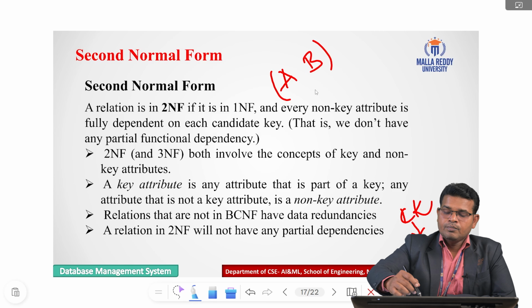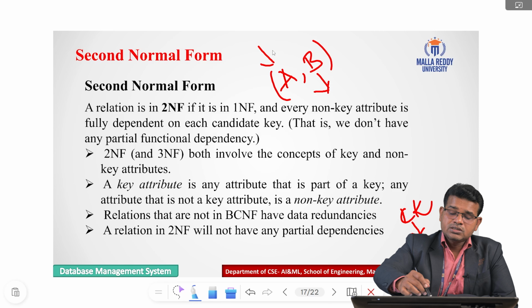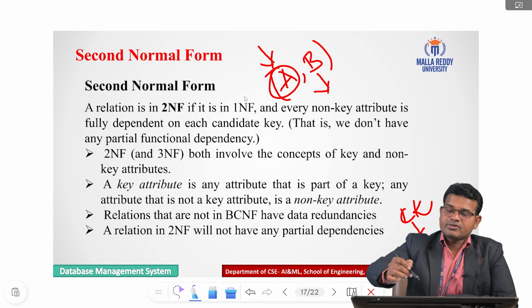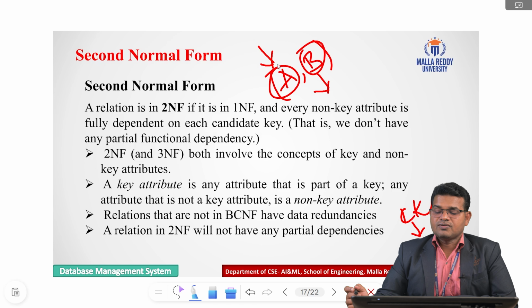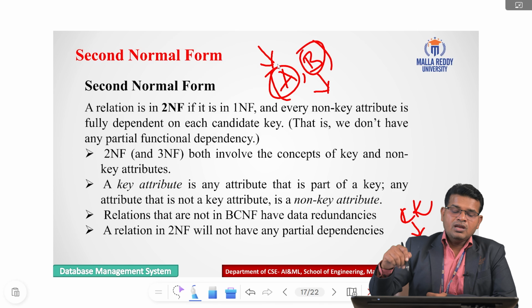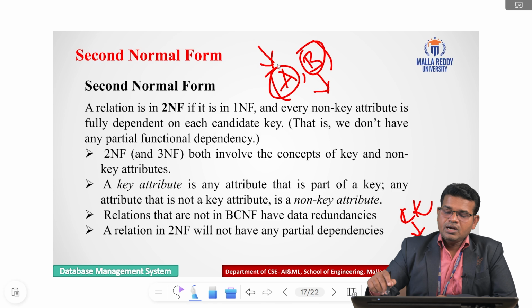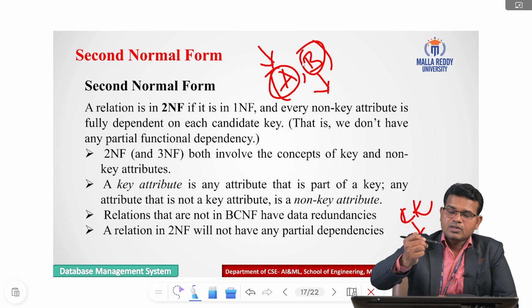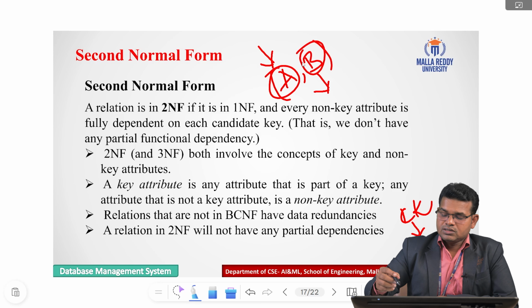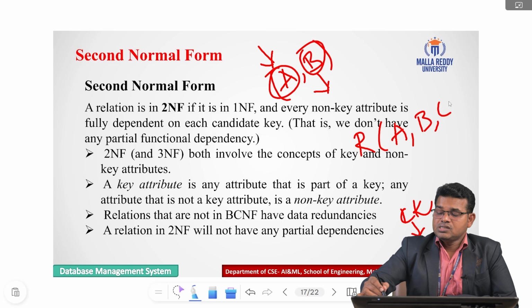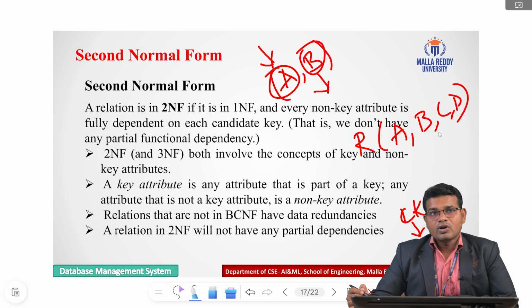Now B is a prime attribute, A is also a prime attribute. So A is a part of the candidate key and B is also part of the candidate key. Now, if any non-key attribute depends on any of these prime attributes, for example, relation R has A, B, C, D, these four attributes. AB are the key attributes, that is part of the candidate key.